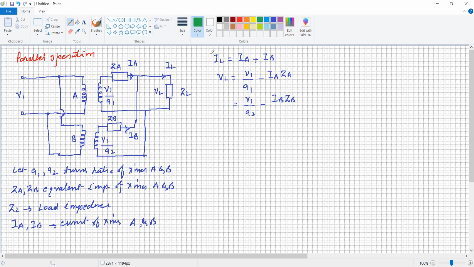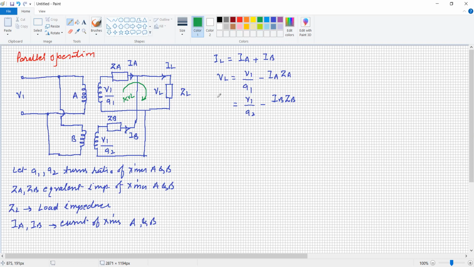So we are applying KVL in this loop: VL is equal to this voltage minus the voltage drop. Applying KVL to the secondary of transformer B, VL is equal to V1 upon A2 minus IB into ZB.